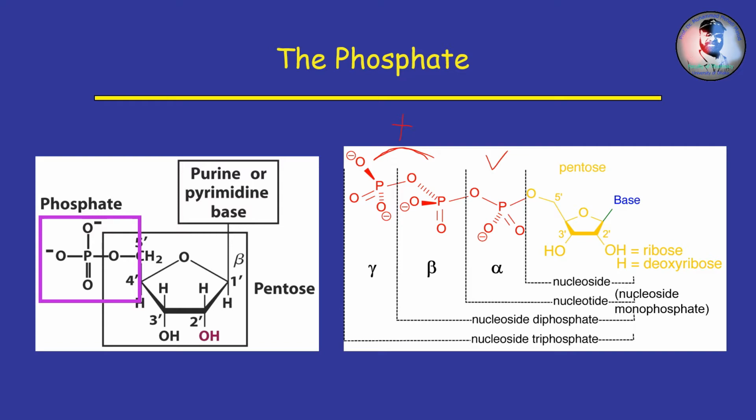However, these compounds also serve many other functions in the cell. ATP, for example, is the most widely used energy carrier in the cell, and GTP plays crucial roles in intracellular signaling and acts as an energy reservoir, particularly in protein synthesis.